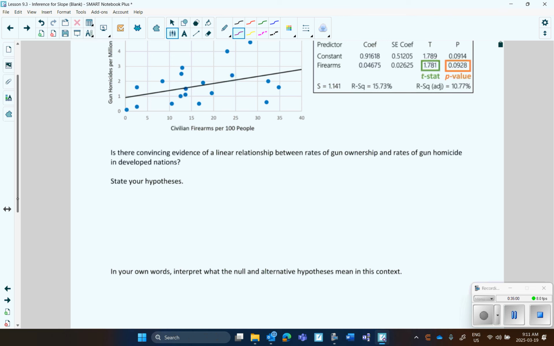So remember, we state our hypotheses, H0 and HA. And remember, we're talking about the populations here. So the slope, the default means no relationship. The true regression slope is 0.